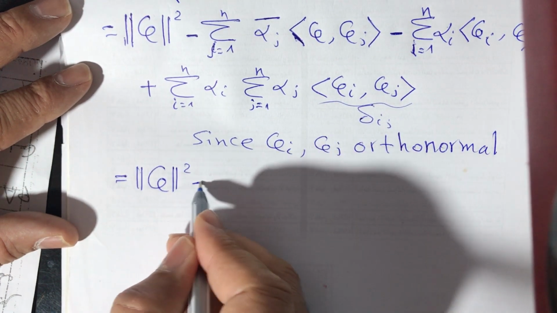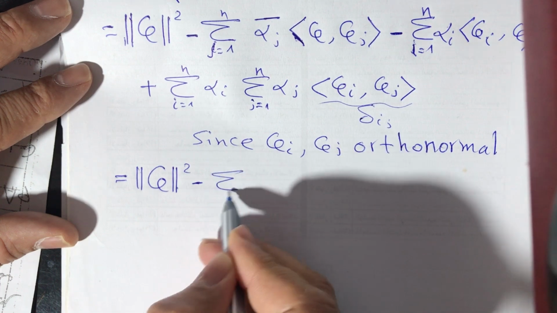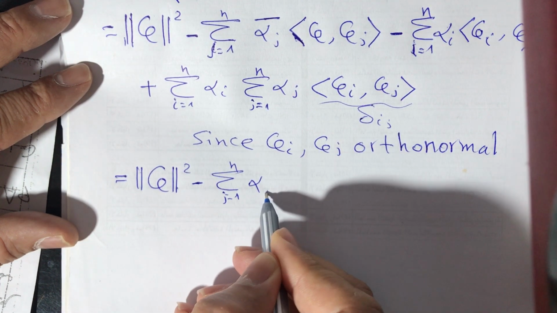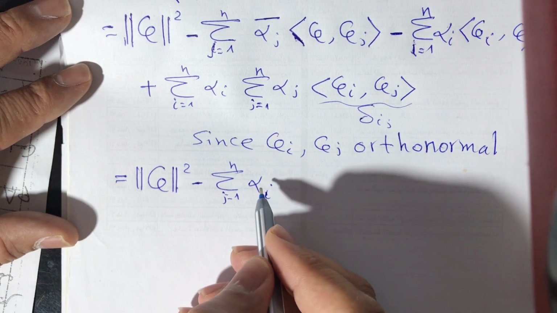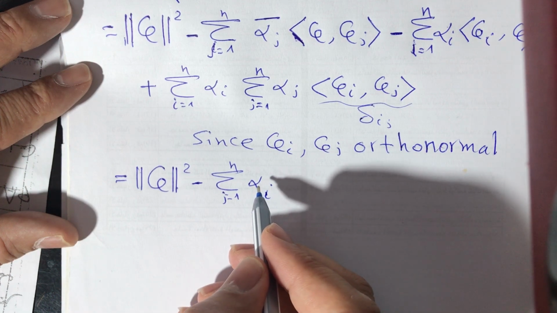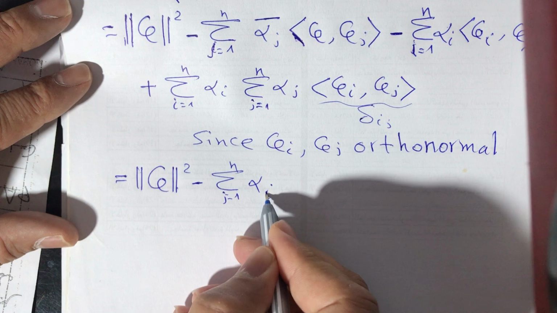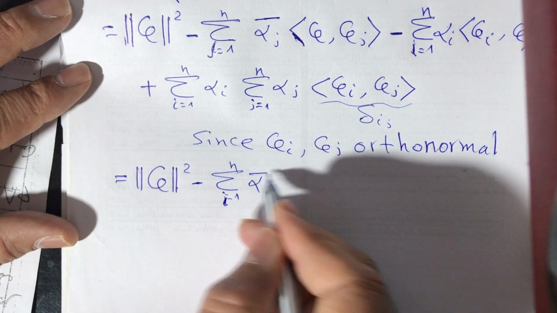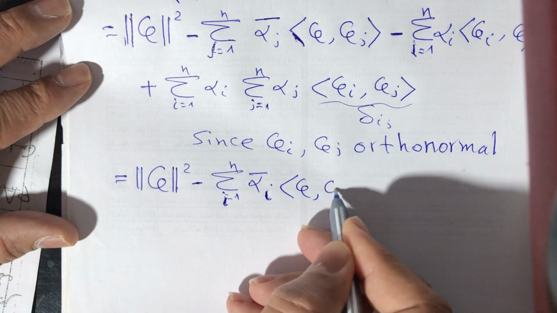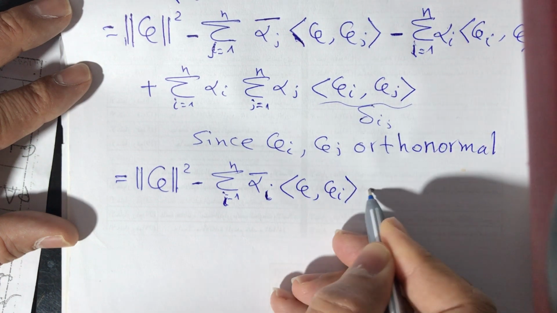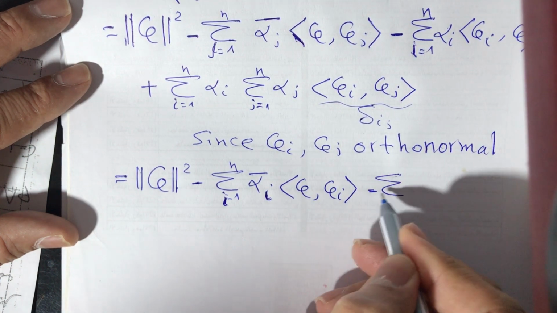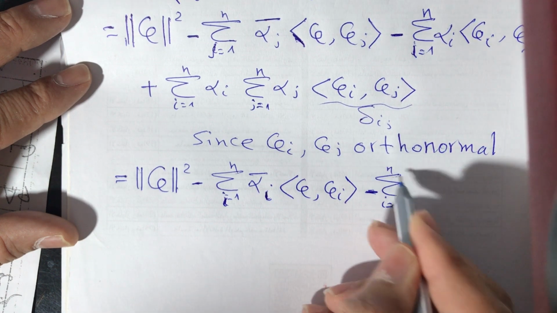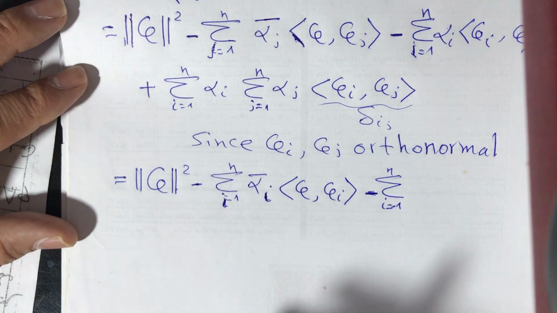That means this will be equal to the norm of phi squared minus summation j from 1 to n alpha j alpha i conjugate phi i, minus summation i from 1 to n, because we take i equal to j now.